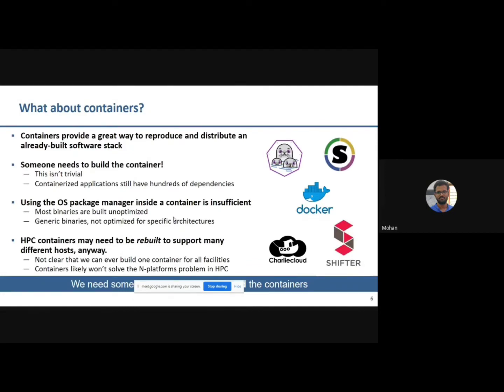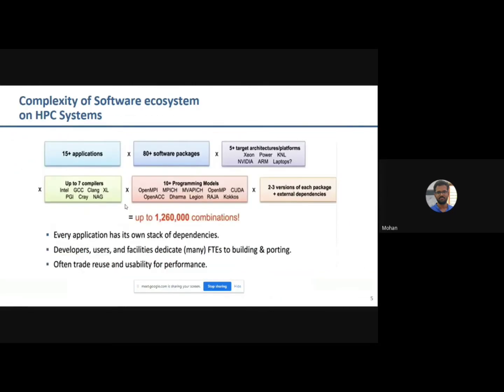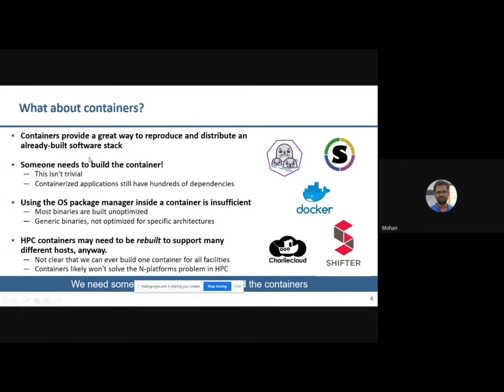So there comes a general question: why don't we just use containers? Now you say 1.2 million combinations are there, so you can simply generate containers for 1.2 million combinations of recipes, and because containers give reproducibility, you can use the containers in an HPC environment so that it will be easy for them to reproduce the performance numbers that they expect.